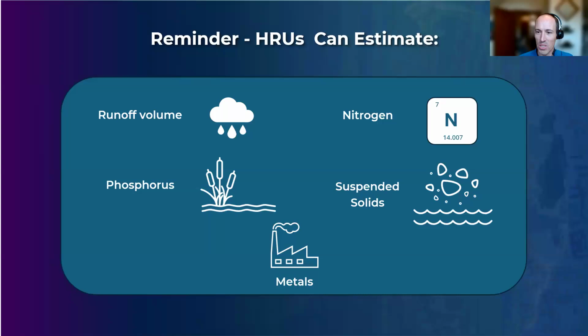That's where you can take these HRUs and apply them to some other sort of planning where you might be concerned about one of these things specifically or a couple of these. And you want to know either how to prioritize or how to find areas where some sort of management might make sense.